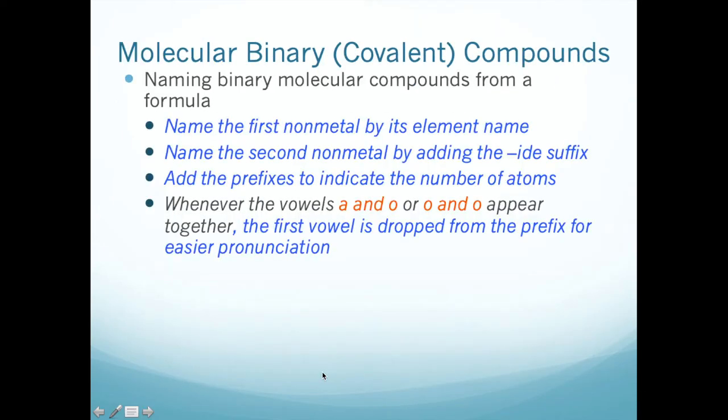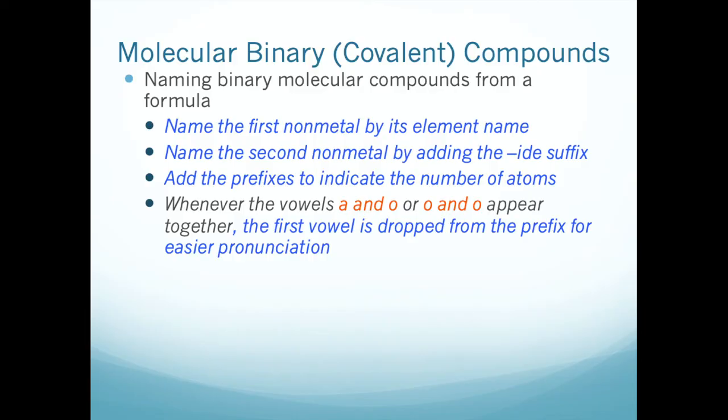Now I don't know if you guys noticed this with the oxide, but the prefix mono ends with an O, and oxide starts with an O as well. This can be kind of awkward when you say monooxide.